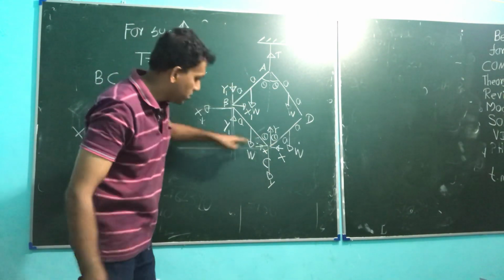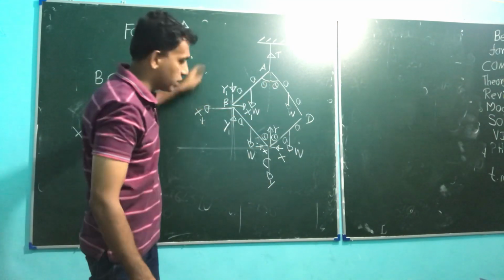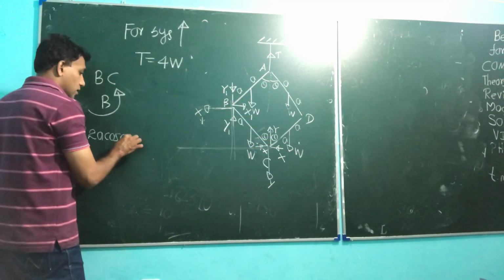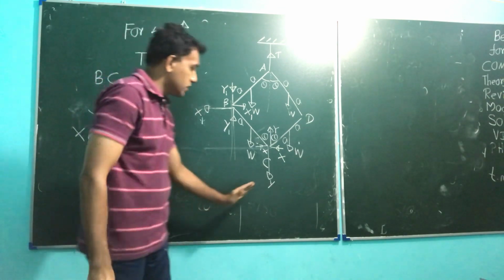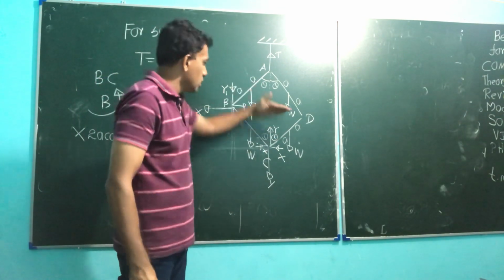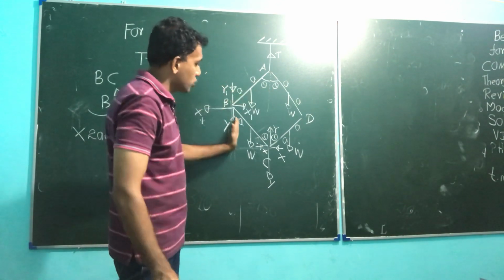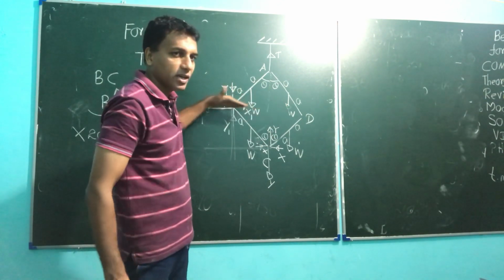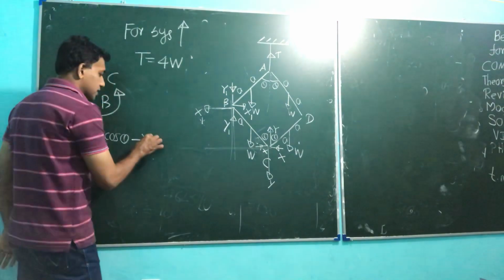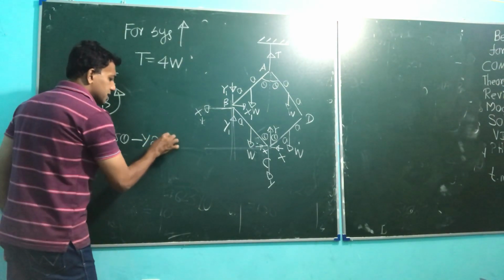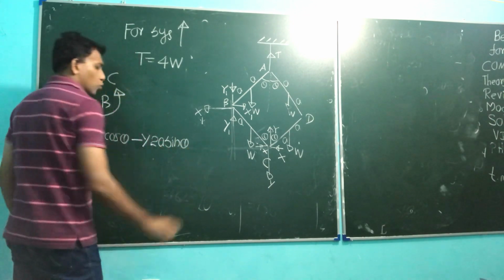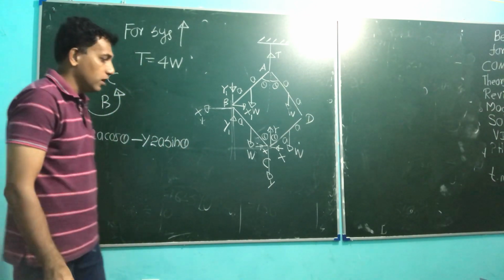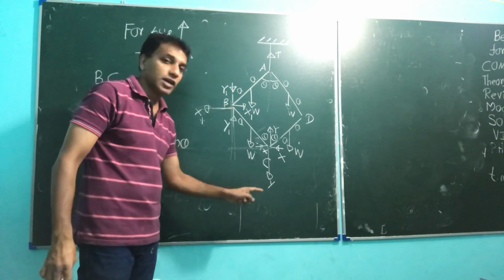Minus Y. This is the force's line of action, so this is horizontal. Here 2a sin theta, right? Y into 2a sin theta. I took the rod BC.